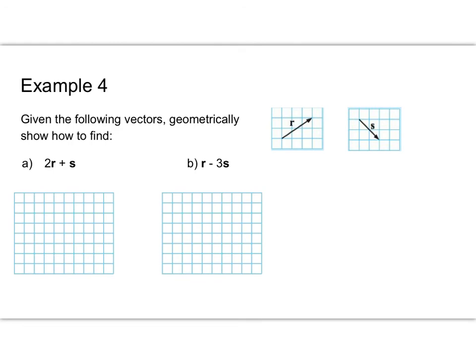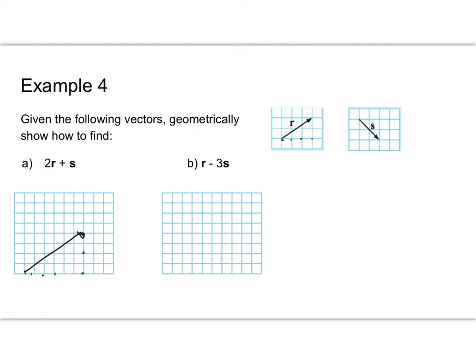All right, so given the following vectors geometrically, we're going to find 2r plus s. So r is this vector up here. It moves 1, 2, 3 to the right and up 2. So if I make that twice as long, then my vector r is going to go over 6. So there's 3 more, and then instead of going up 2, it's going to go up 4.